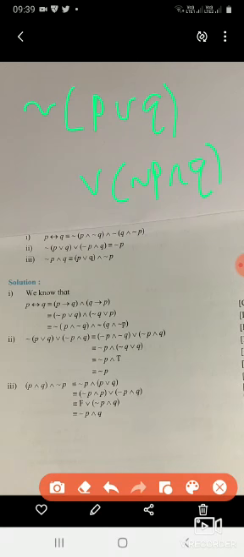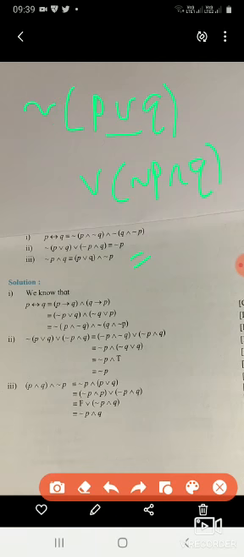So we have to prove that it is equal to negation of P. Now listen, first I am going to multiply negation inside. Negation inside means it is De Morgan's law.